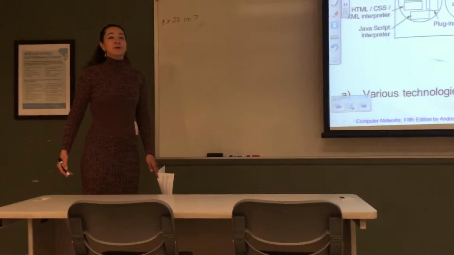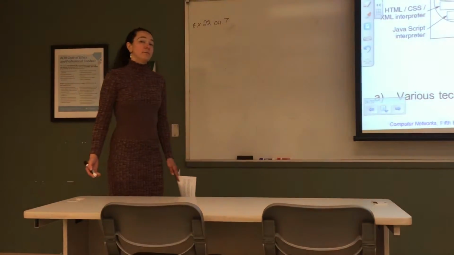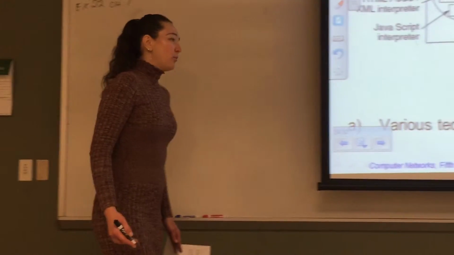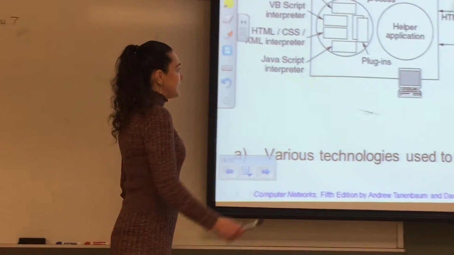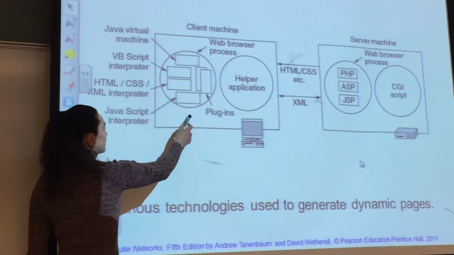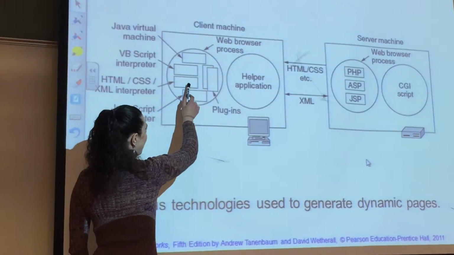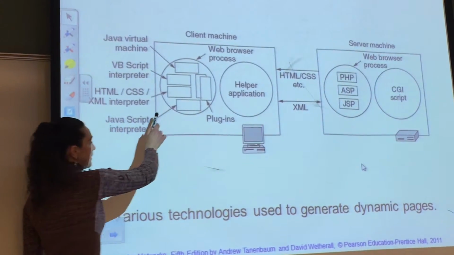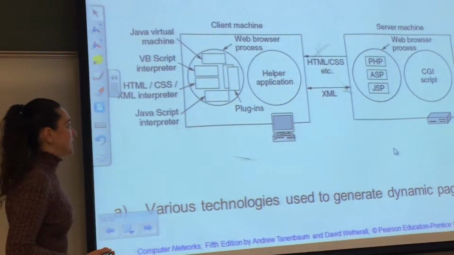If the browser has to do something more complex than that, then it needs help. And either it needs to load some sort of a plugin help application within the browser process that will help it to do whatever it cannot do.